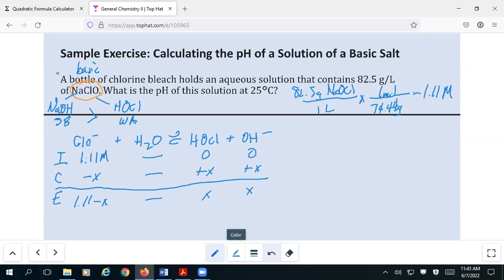But we're missing one thing, and it's an important thing. We may have the starting of an equilibrium expression here, but we don't have a K value.